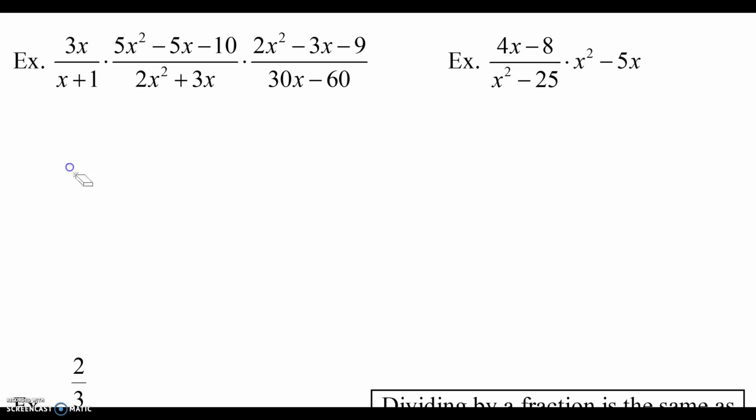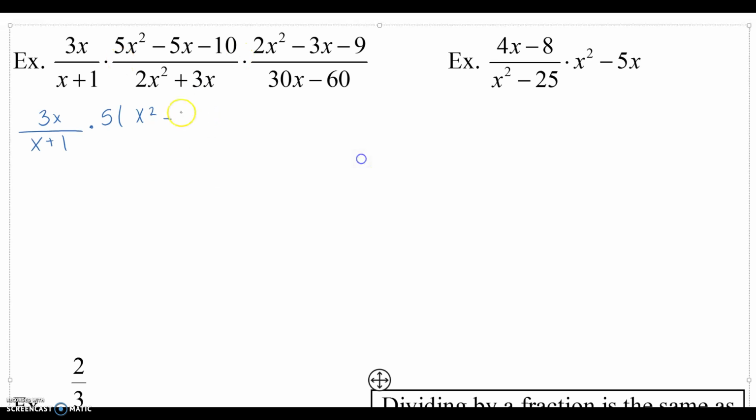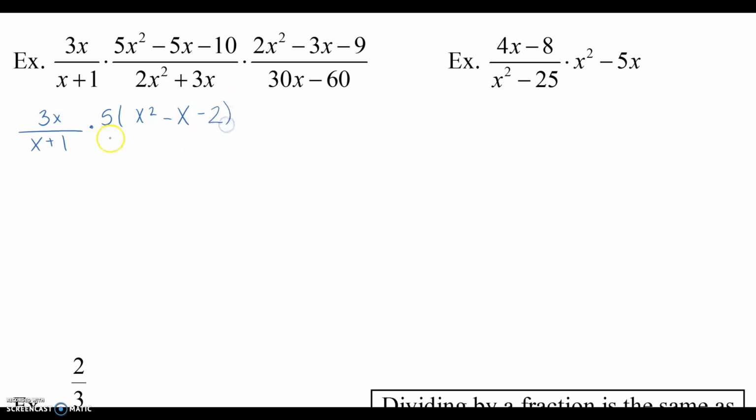So I'm going to start, I can keep this as 3x over x plus 1. This, though, I can factor it to 5, and it becomes x squared minus x minus 2. I'm making a lot of silly mistakes today. Denominator, factor out the greatest common factor, so that's going to be an x, and we're left with 2x plus 3.